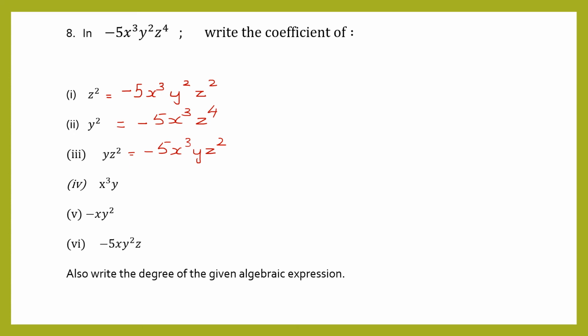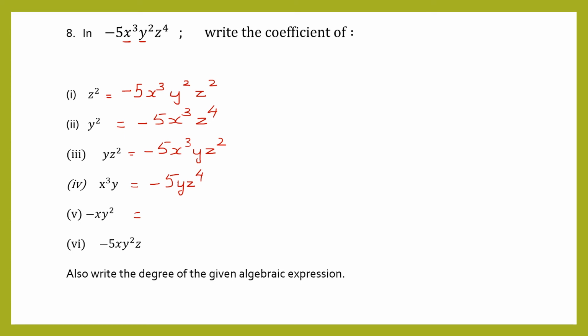Then we go on to the next one. I'm going to take out x to the power of 3 and 1y. So I'm going to remove the whole of x to the power of 3 and 1y and write the remaining: minus 5. I've removed the whole of x to the power of 3 and I've removed 1y. So I have y left and z to the power of 4.